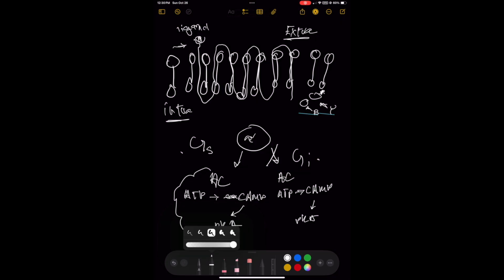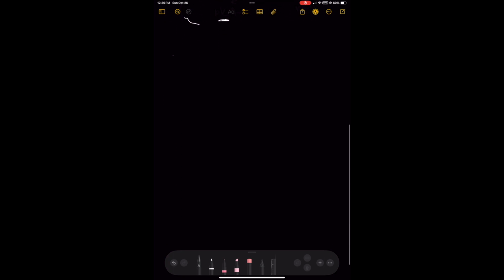However, there's also a third pathway involved, and the third pathway is the Gq pathway in the G protein.